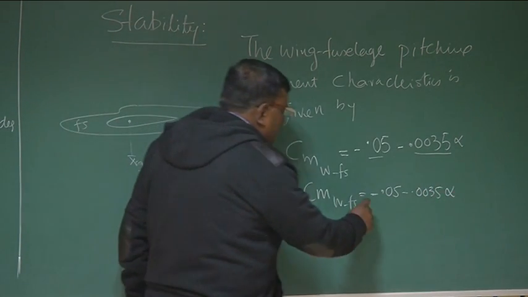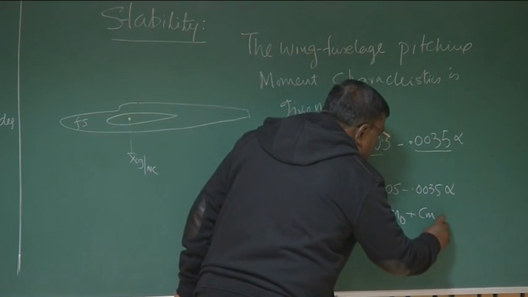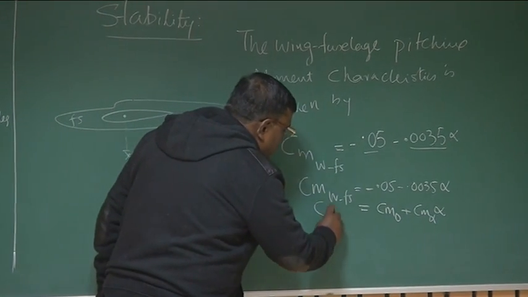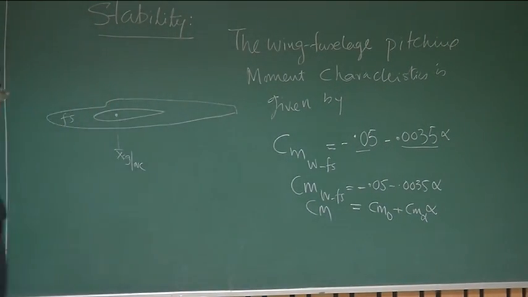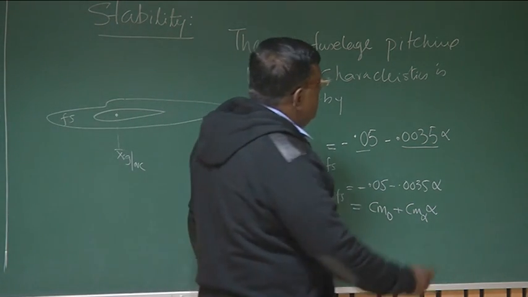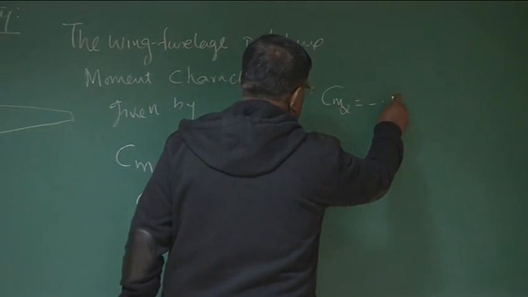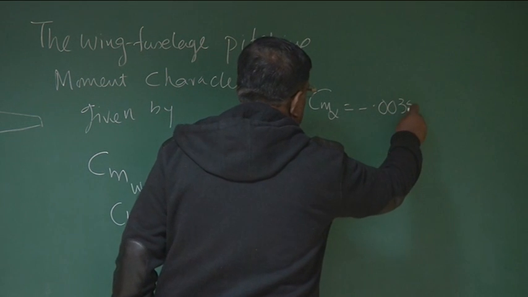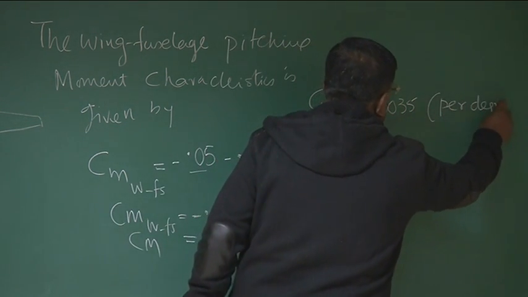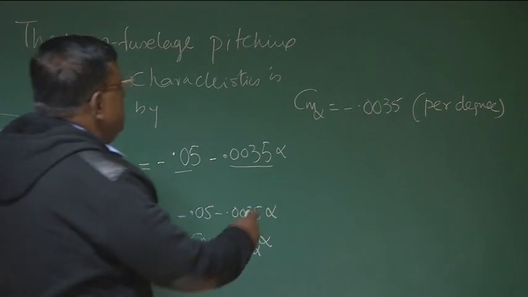And I try to understand through our understanding of the expression, we write Cm equal to Cm naught plus Cm alpha into alpha. So if I compare these two things, what is Cm alpha? Cm alpha is coming out to be minus 0.0035, and for this you can assume that this is per degree, as the problem states. And what is Cm naught?